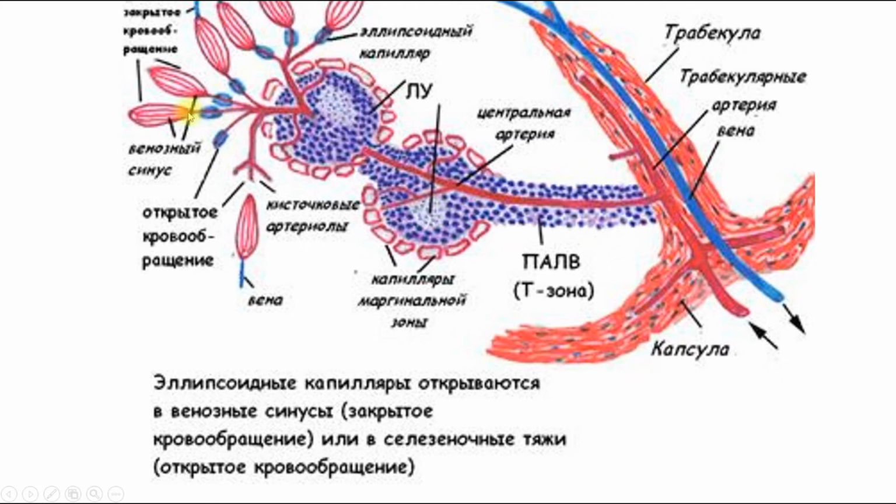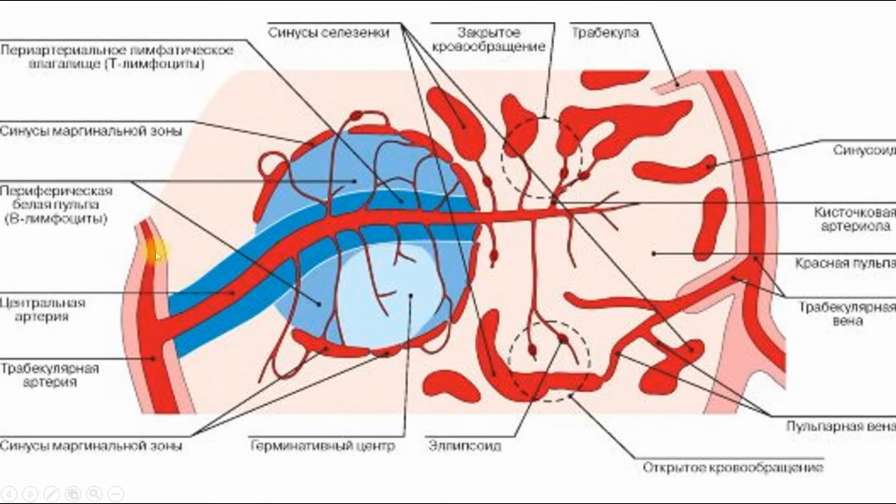Some of them are continued by splenic sinuses, very wide capillaries, and some of them have a complete direct opening into the pulp of the spleen. And here we can see the trabecular artery and its central artery. It penetrates the central part of the lymphatic follicle of the spleen, or a little bit eccentric part.